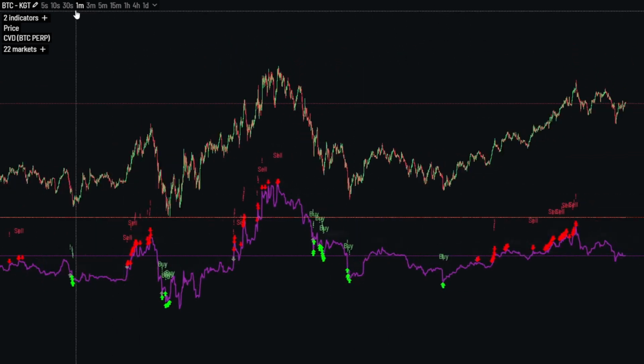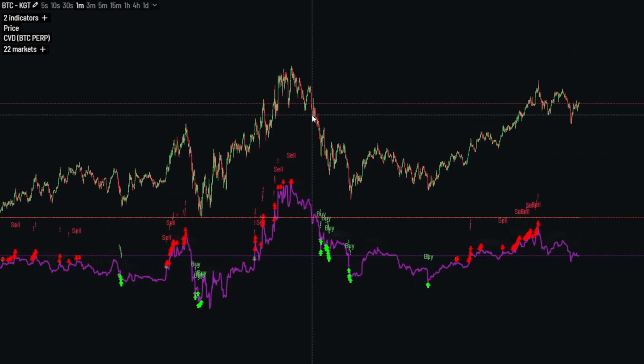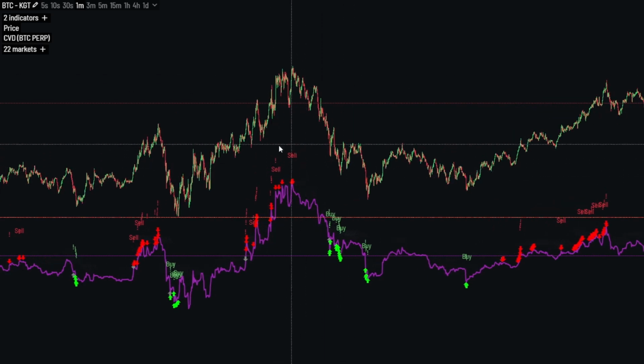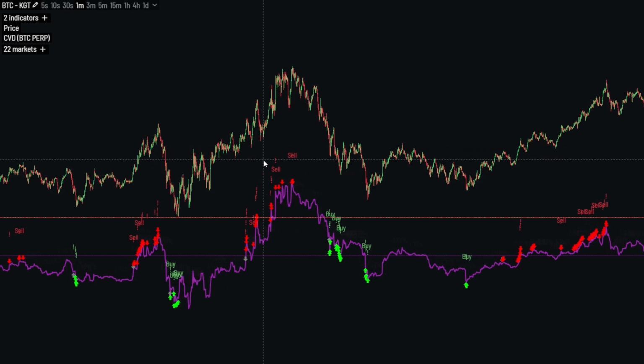And of course this is a 1 minute chart, guys. This is more for scalping of course, but however it is very essential to look at the 1 minute chart even to see if a new pattern is confirming or not.